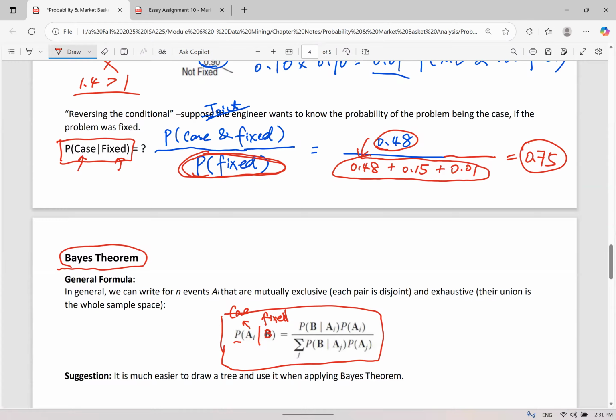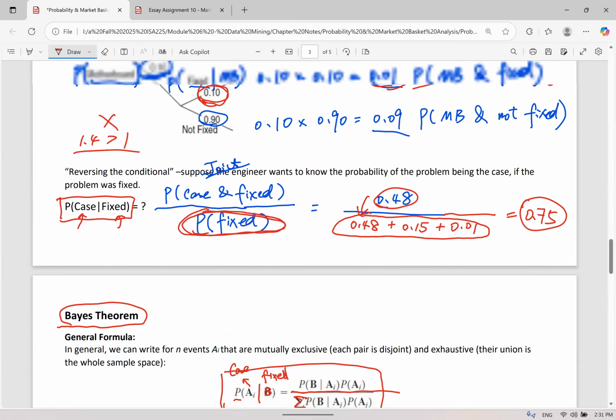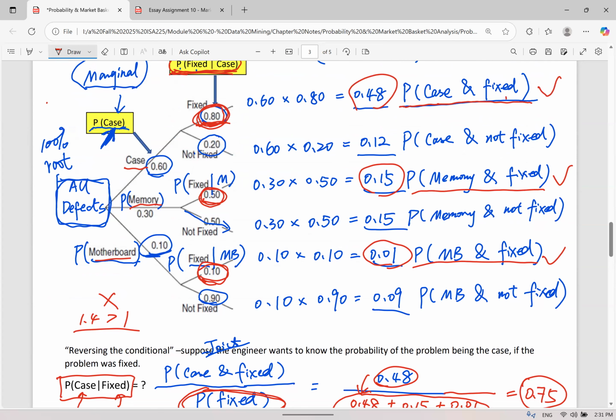All right. Okay, so then what we need to do, the bottom is the summation for all the different cases, just like this. So we look for the case alignment and fixed, memory and fixed, motherboard and fixed. But where do these probabilities come from?